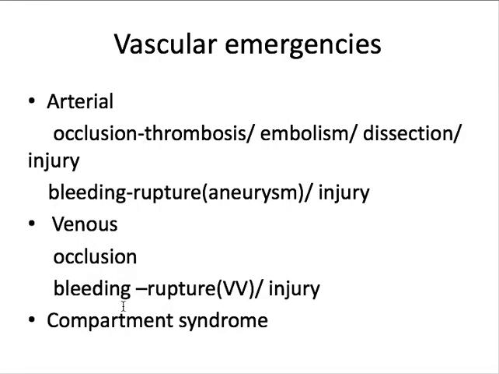Then bleeding, again, could be rupture, commonly following varicose veins with the wall weakening, and also it can bleed from injury. So it's a very broad concept, and for each region of the body, it is possible to apply all this and see that in some regions, some may not happen.